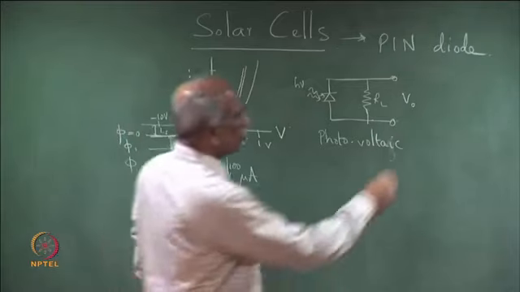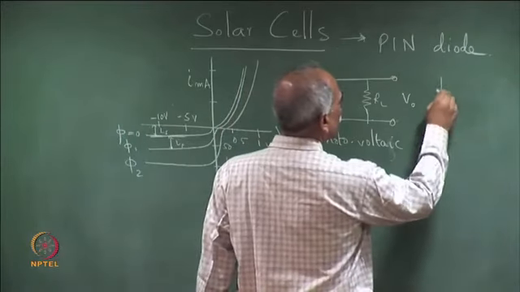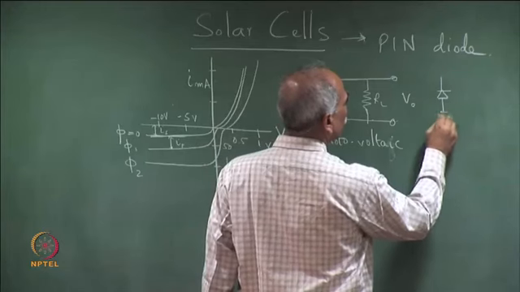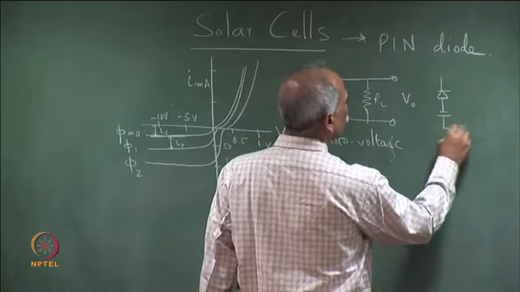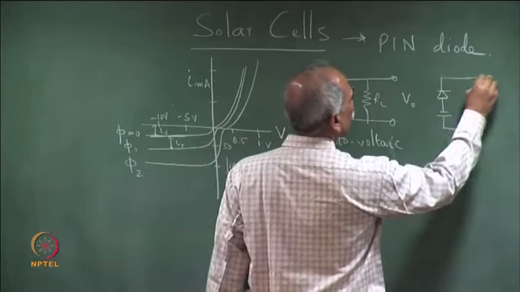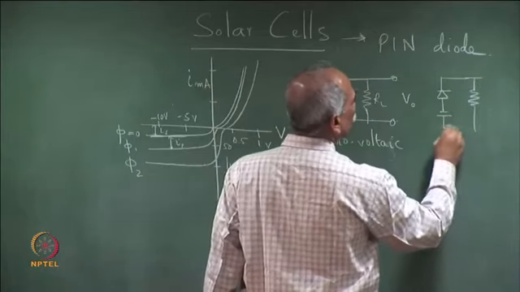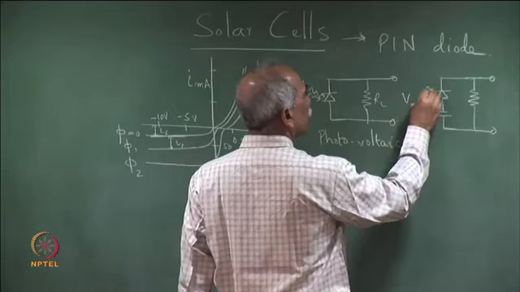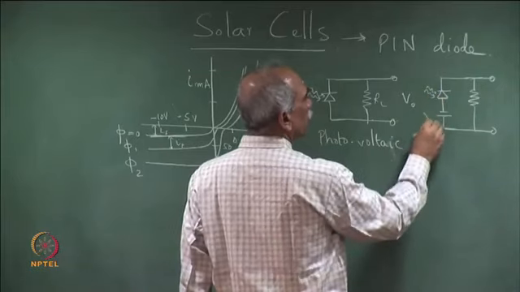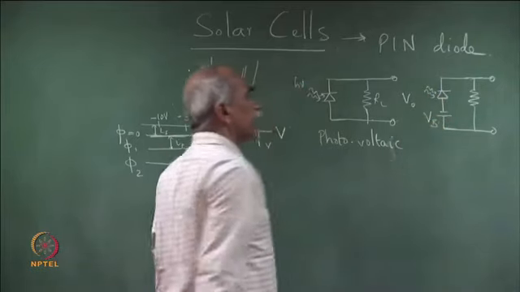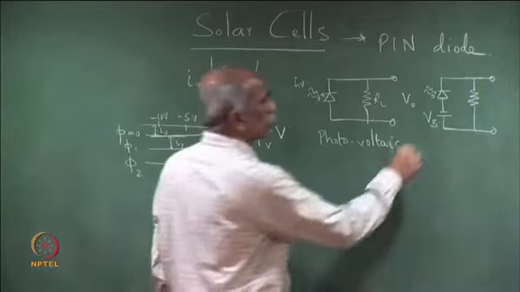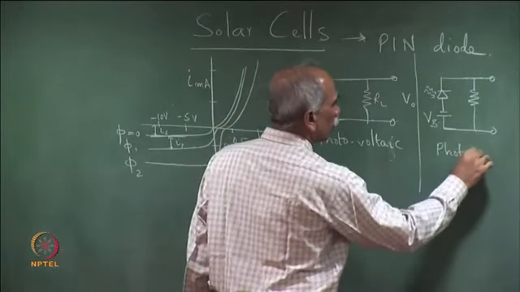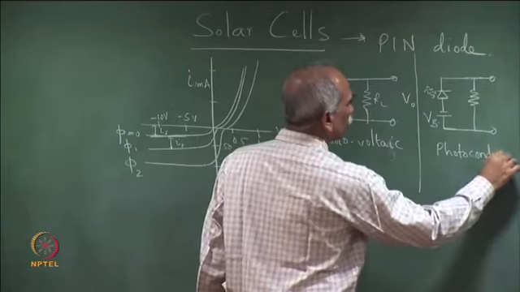The photoconductive mode, on the other hand, had a reverse bias which we had applied. So, this was V_B, the same photodiode, but now we have a bias voltage which is a reverse bias, and this is the photoconductive mode of operation.